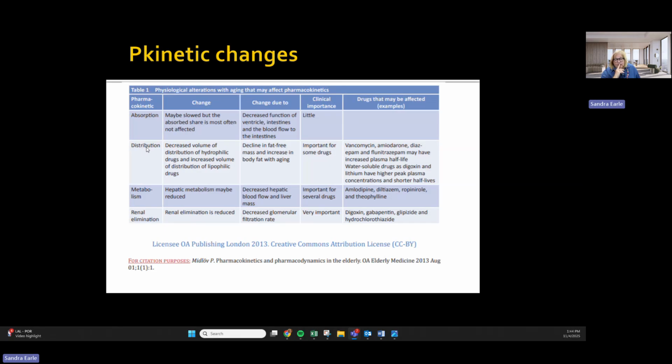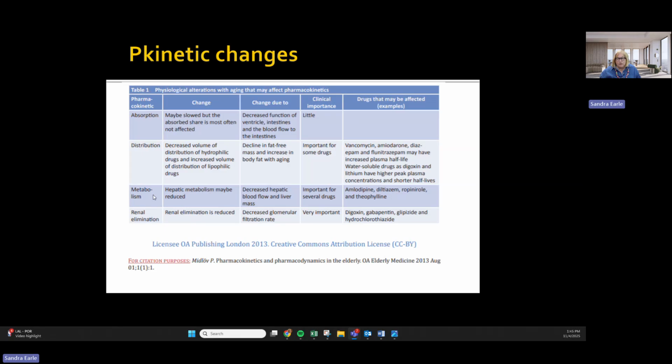So albumin is decreased as we age. You can have increases in AAG, which is more common in the elderly population because of disease states that they encounter more commonly.